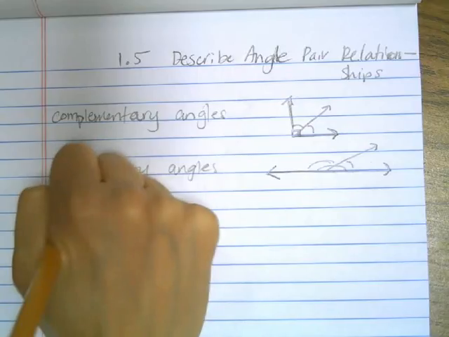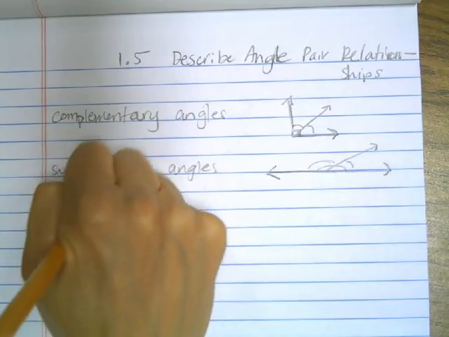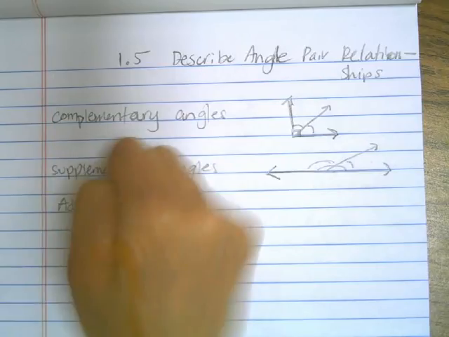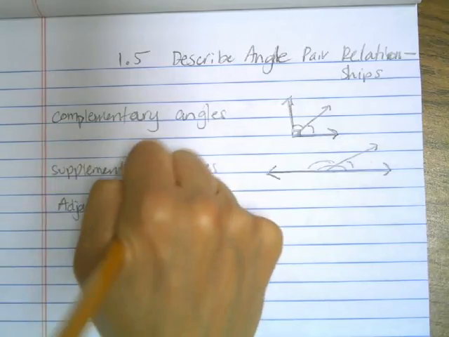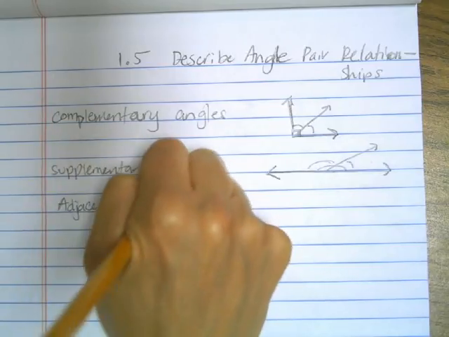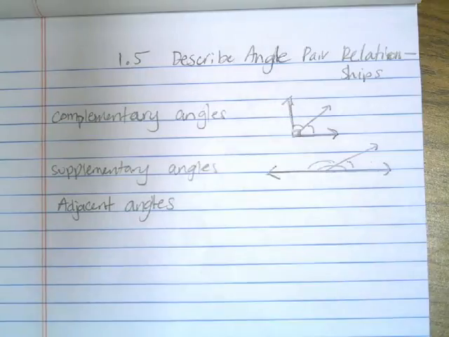Let's say this is R, S, T, and we'll make this one in here U. And they say that this one is 83 degrees. So they want the measure of angle UST. What's the measure of angle UST going to be?